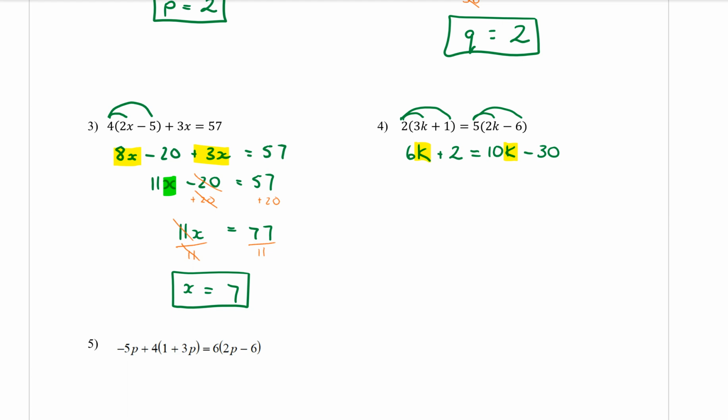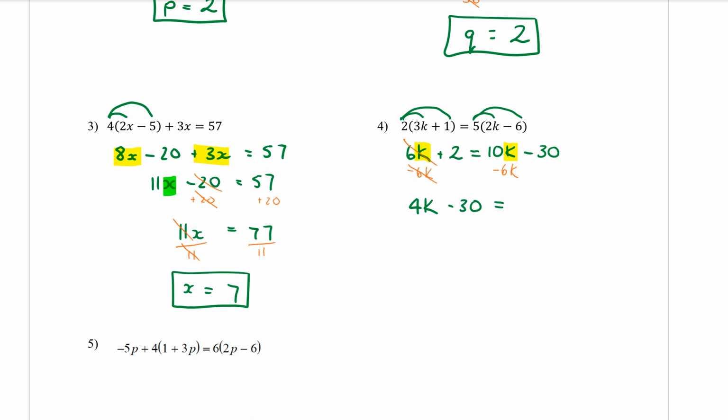I want to subtract 6k. Okay, that will cancel off the k's on the left-hand side. Now, I'm going to do my little switch. Because my k is on the right, I want to bring it over to the left. 10k take away 6k is 4k. And there is also the minus 30.